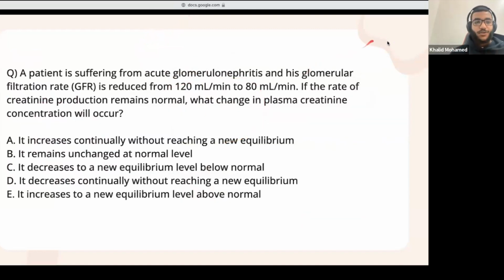Okay. So a patient suffering from acute glomerulonephritis has a glomerular filtration rate reduced from 120 to 80. If the rate of creatinine production remains normal, what change in plasma creatinine concentration will occur? Okay, we have an E in the chat.